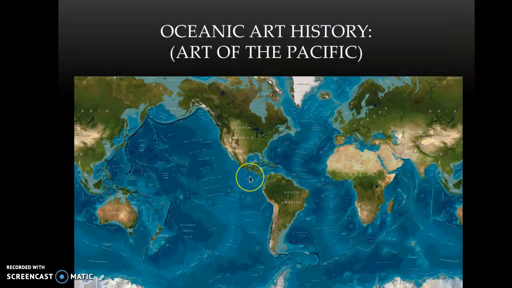We're going to skip, because this is a brief overview, to Oceanic art, or the art history of the Pacific, right? One of the big things I want to stress is that Oceania, or the Pacific Ocean, you can see my mouth swirling in, is 1/3 of the world. Can you believe that?